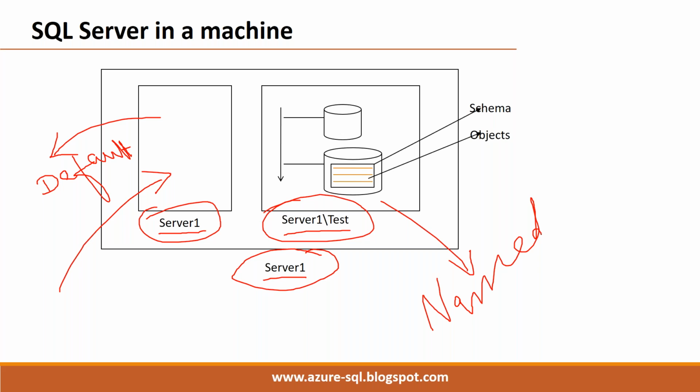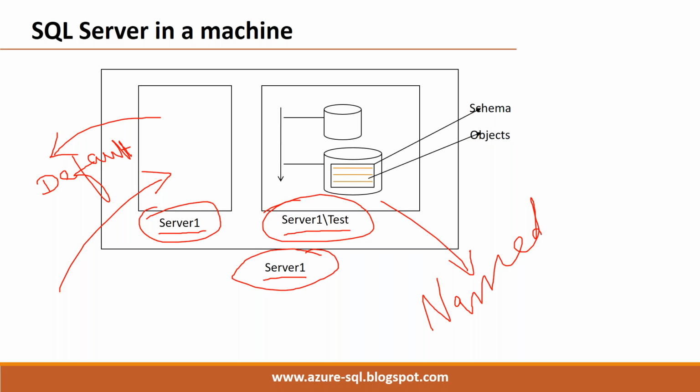As discussed already, we can have a maximum of 50 instances per machine: one default instance and the remaining 49 named instances. Once again, the default instance is not compulsory; we can have all named instances. Generally, the default instance is used for monitoring purposes.